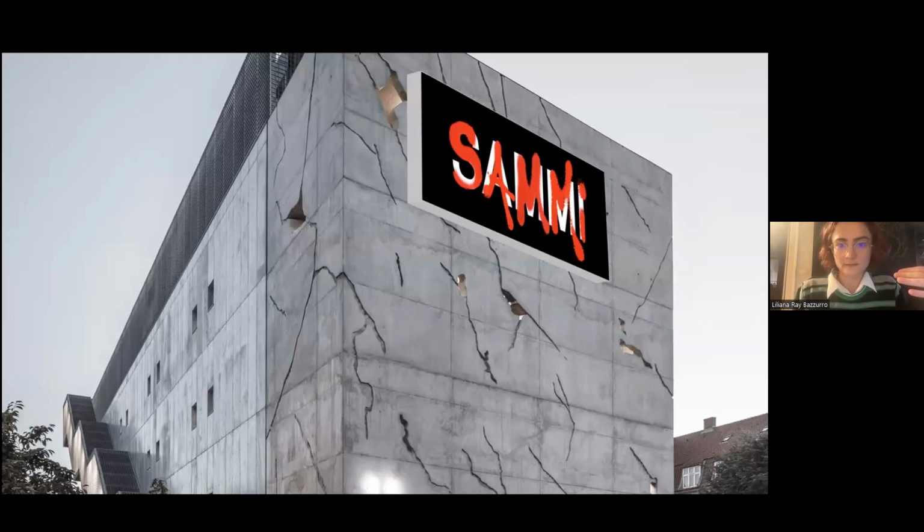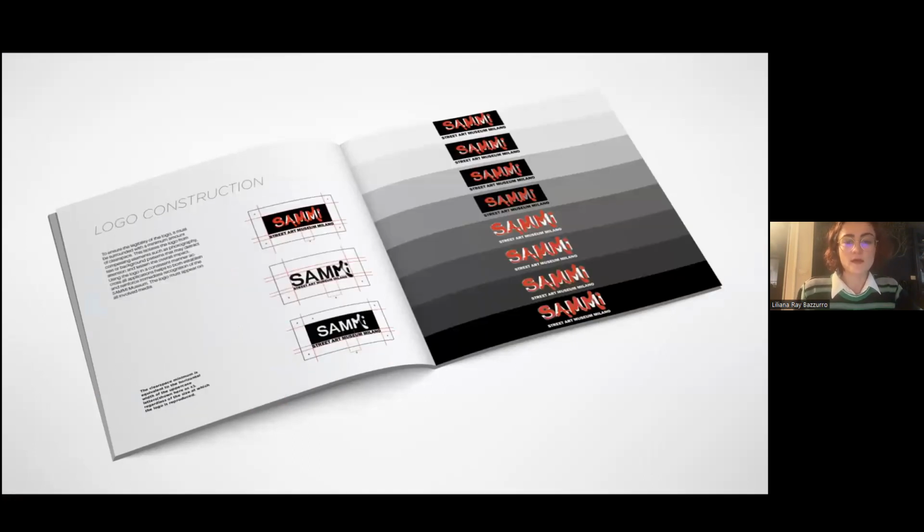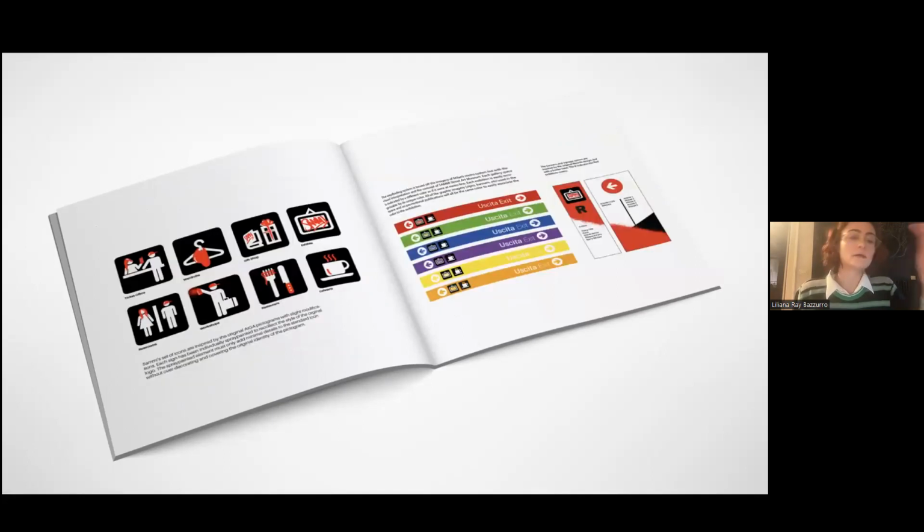So I created the logo, but also the entire brand book behind it, explaining how other graphic designers can use my design and apply it onto different touch points. This explained how to apply the logo on different colors and what typography to use. I used our pre-existing fonts and then created also my own.